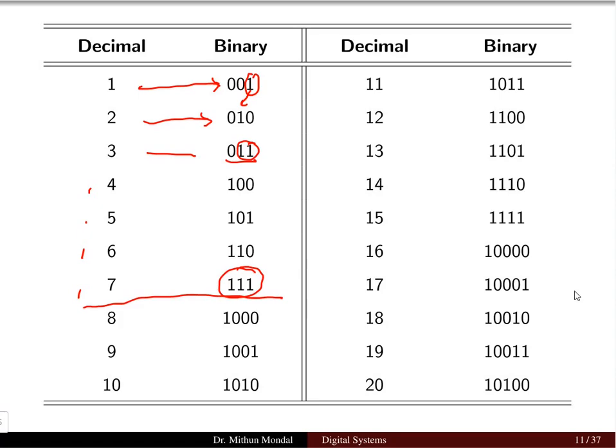From 8 to 15, we have the 4-bit system, and 16 to 20 have a 5-digit system. So the number of digits or bits increases when the number increases.